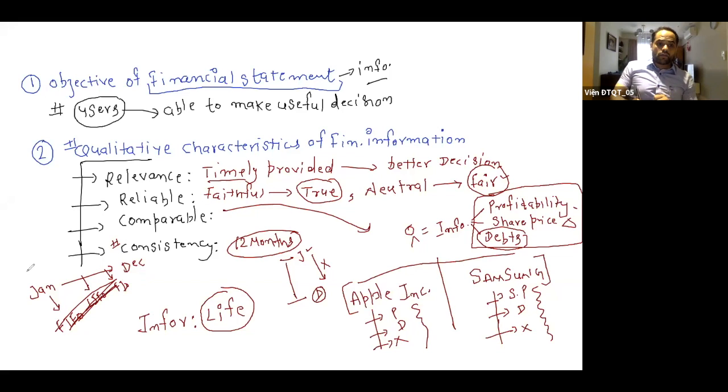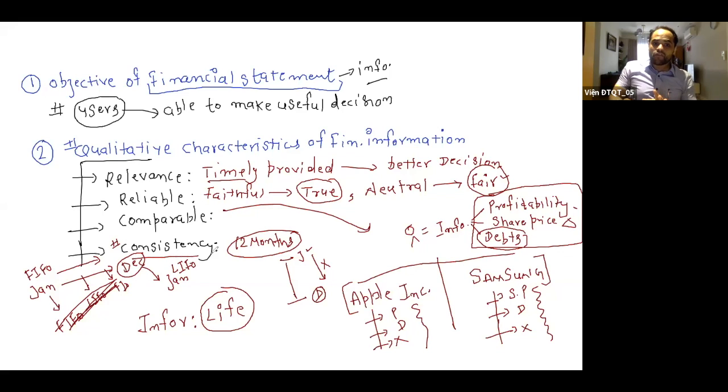You choose FIFO here. The whole year, you have to apply the FIFO method. You cannot switch to LIFO. If you want to switch to LIFO, let the financial year end. When this financial year ends and the next financial year starts, which is January, then you can switch to LIFO.